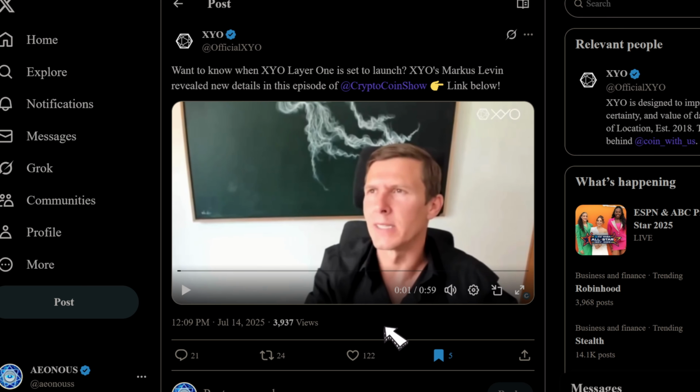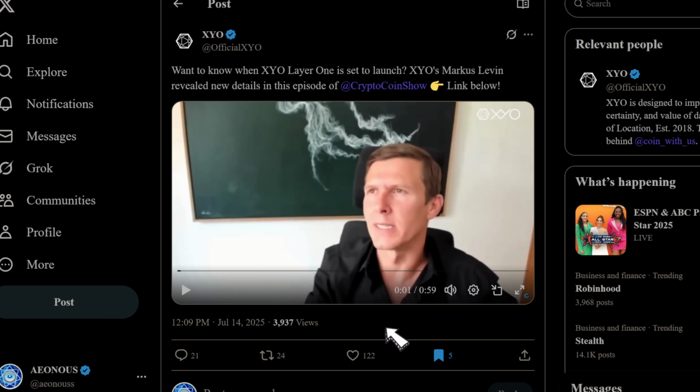So you can see there he said probably launch in Q3. Now, we shouldn't necessarily expect it to launch in Q3, as we are currently at the beginning of Q3. So we have around 2.5 months or so to see if this mainnet for Layer 1 will indeed launch this quarter or not.